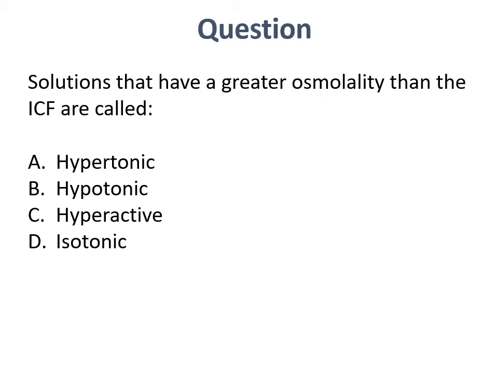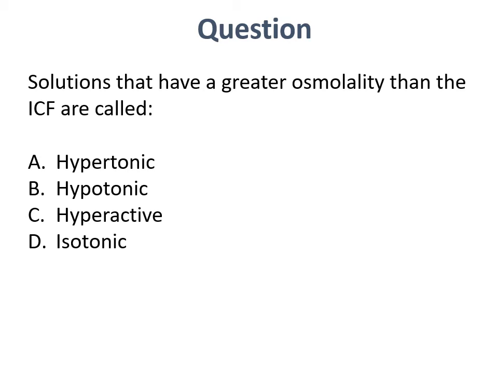Well, if they have a greater osmolality or osmolarity, they're very similar, then they're going to be hypertonic, meaning they have more concentration of whichever solute we're talking about, so they're hypertonic. If they had less concentration of, say, electrolytes, such as sodium and chloride and potassium, they would be hypotonic.